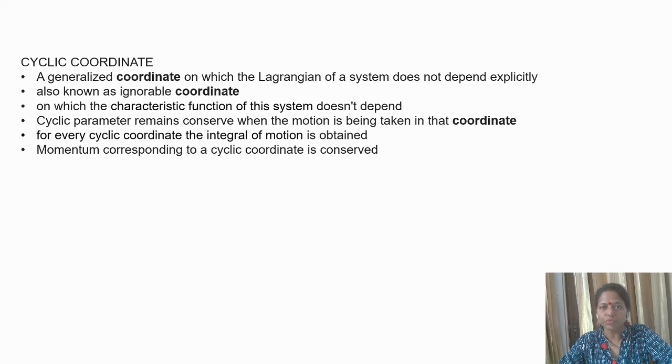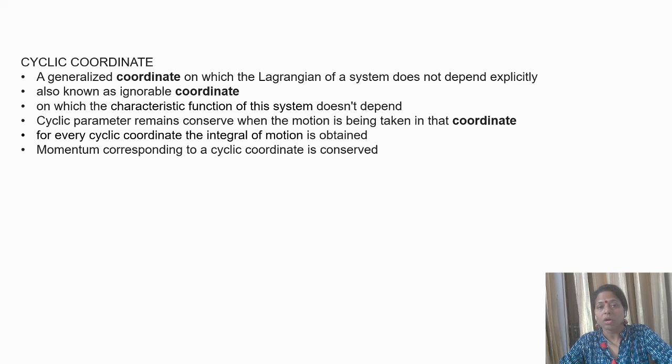And as you know, there is a new type of mechanics, a new approach to solve dynamical problems, which is the Lagrangian approach, in which we introduce the configuration space, and the configuration space is specified by generalized coordinates.